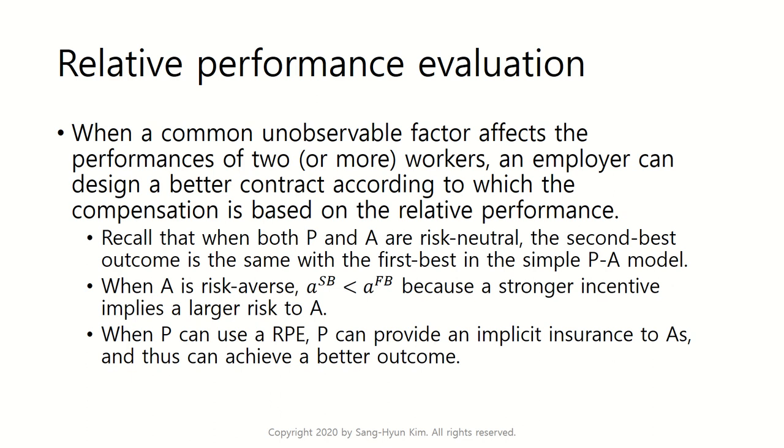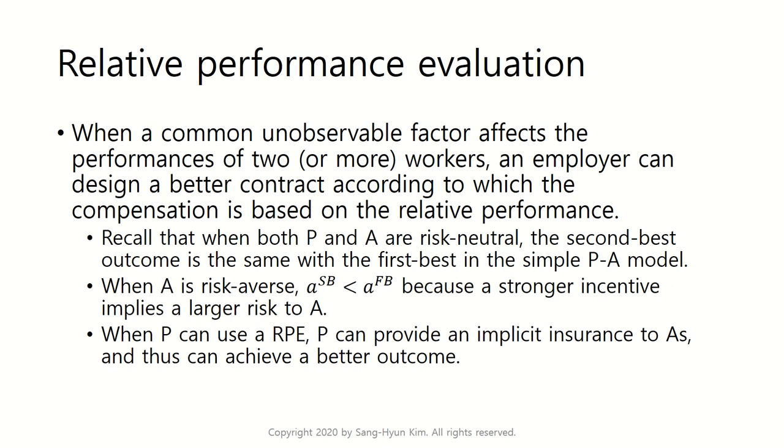So by comparing the performances of the agents, the principal can basically eliminate the common unobservable factor. Okay, so that's the key. By comparing the performance measures of the two agents, the principal can eliminate the common unobservable factor, like the difficulty of the exam or the business cycle, something that affects both performance measures.